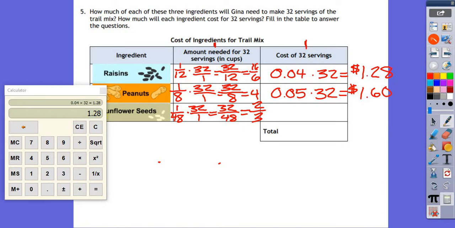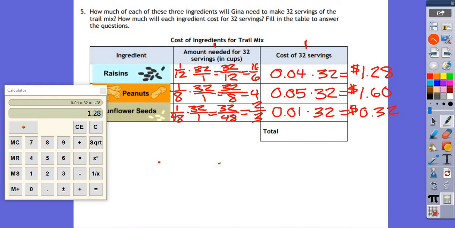All right, sunflower seeds. How much does one serving cost? 1 cent. 1 whopping penny. I need 32 of them. That's some hard math here. How much is this going to cost? 32 cents.